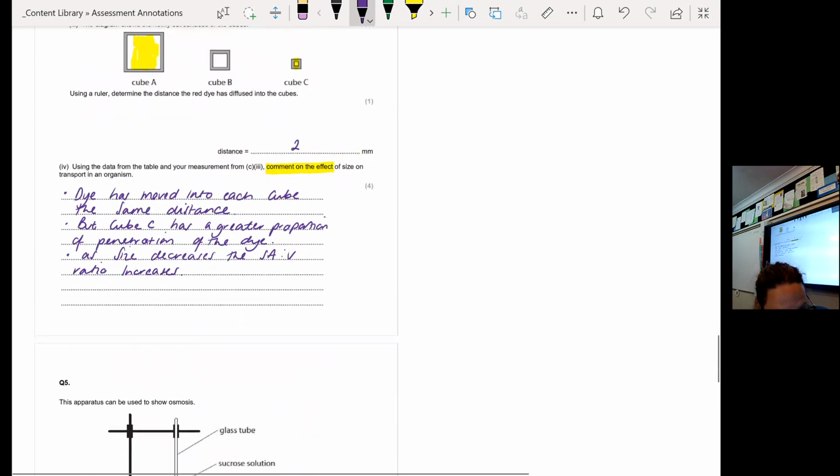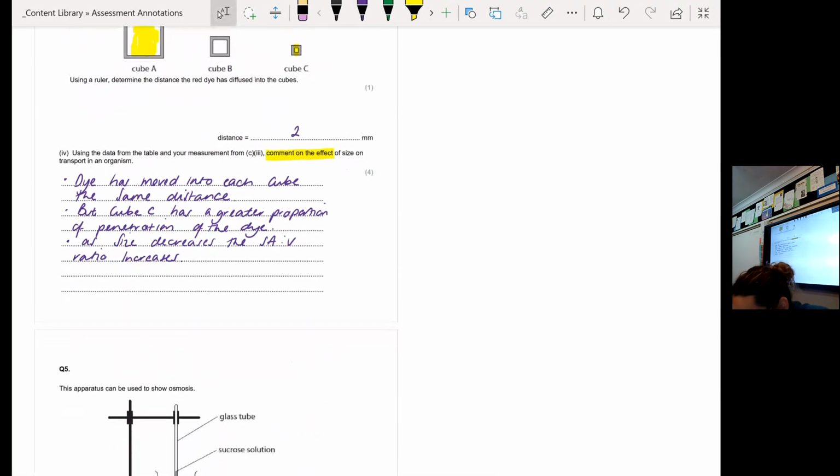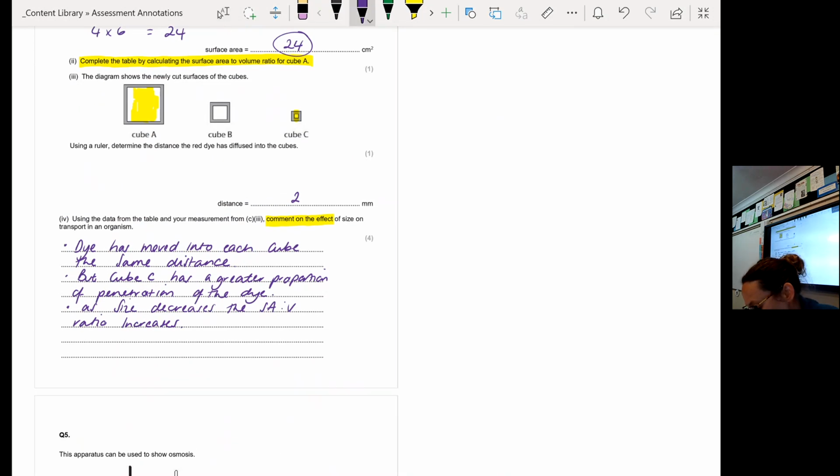Now my last point is interpreting that. I know that if I've got more of my dye that's moved into my smaller cube, say for example my dye was not dye, it was oxygen, I've got more oxygen that's moved into that space in cube C compared to cube A. Therefore, my smaller organisms are much more effective at using diffusion alone as a transport method.